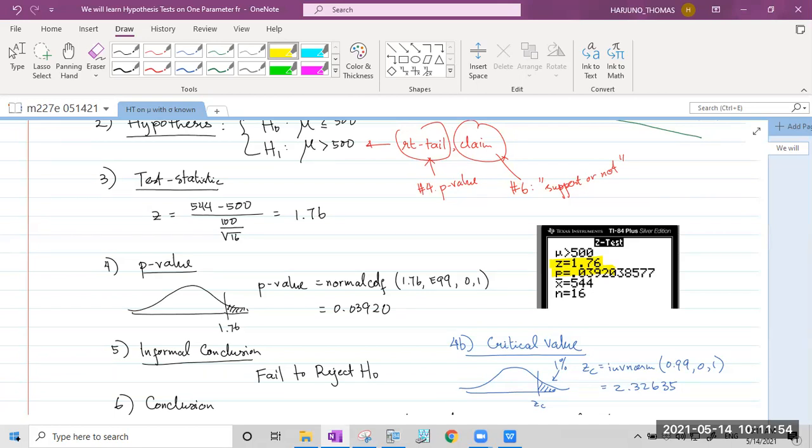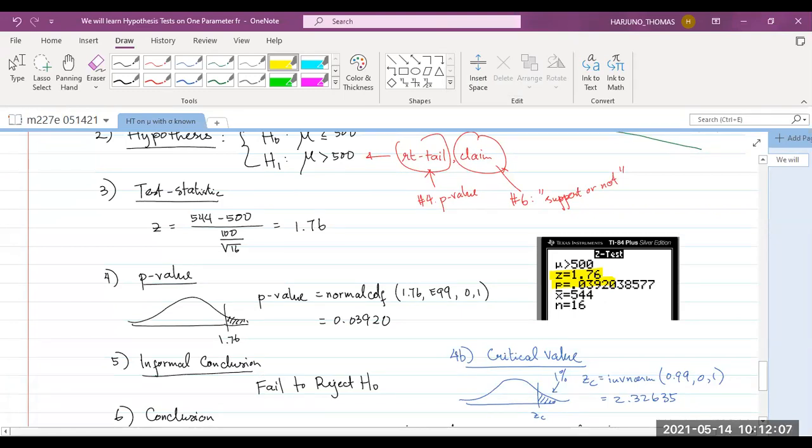Okay, now that's hypothesis testing on mu with sigma known. Now we will go on with hypothesis testing on mu with sigma unknown.